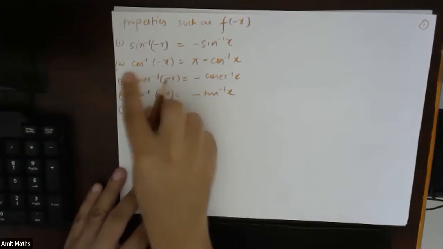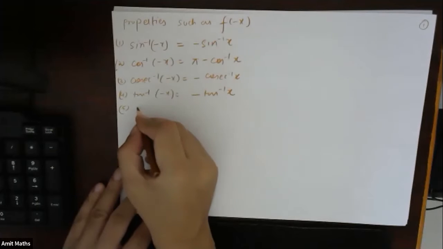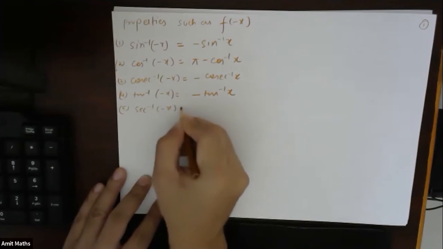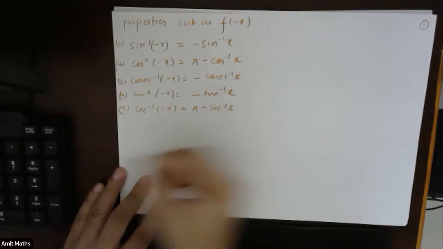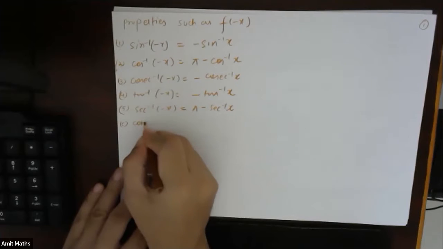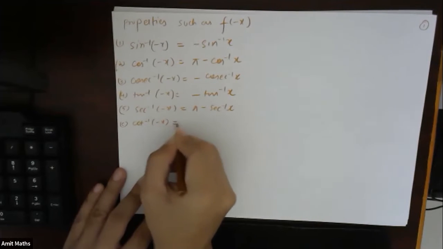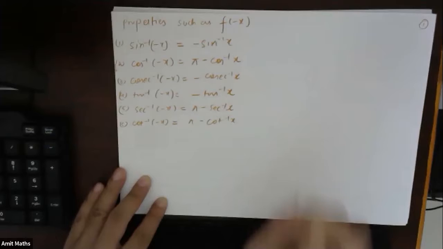Fifth, sec will be similar to cos inverse of minus x, so sec inverse of minus x will be nothing but pi minus sec inverse of x. And sixth, cot inverse of minus x will be nothing but pi minus cot inverse of x, right?